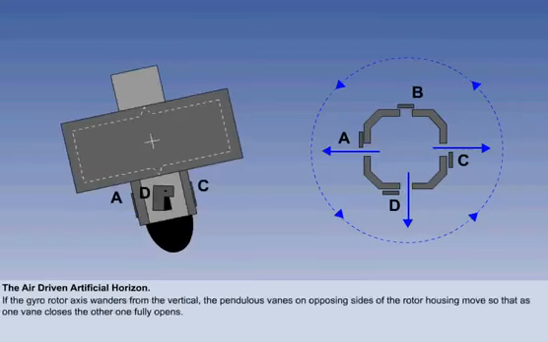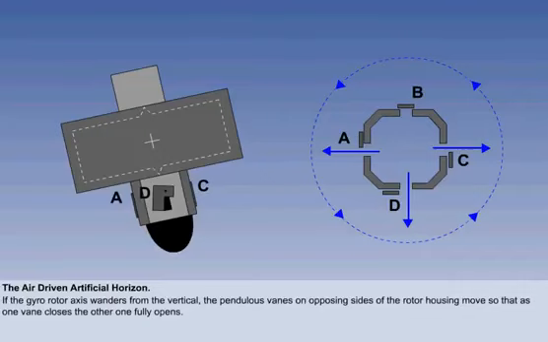However, should the gyro rotor axis wander from the vertical, the pendulous vanes on opposing sides of the rotor housing move, so that as one vane closes, the other one fully opens. In our illustration here, the gyro rotor is toppling, and we can see that by gravity, vane B has closed, while vane D has fully opened.